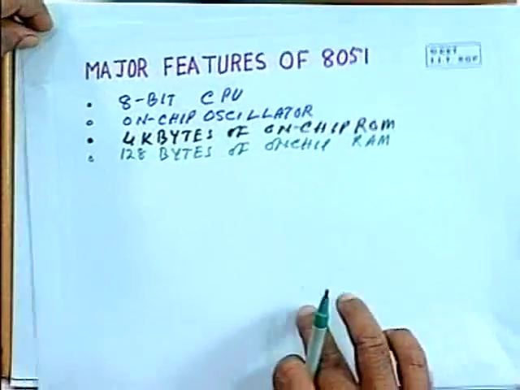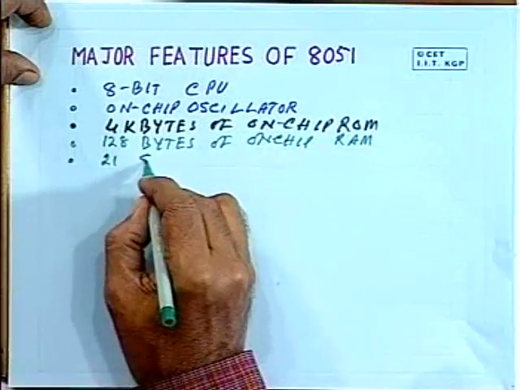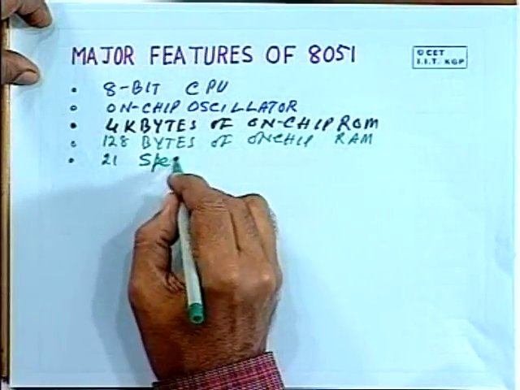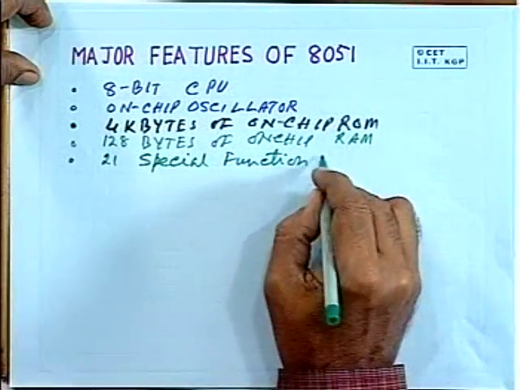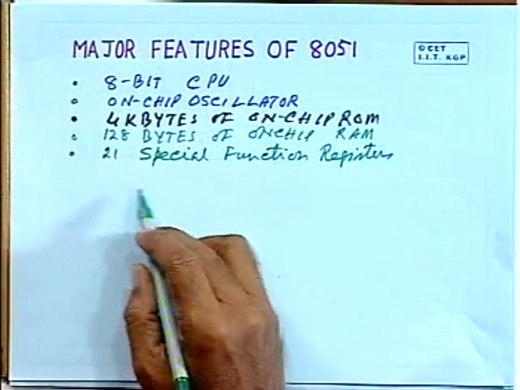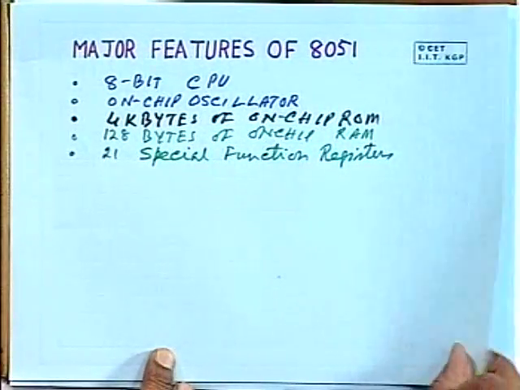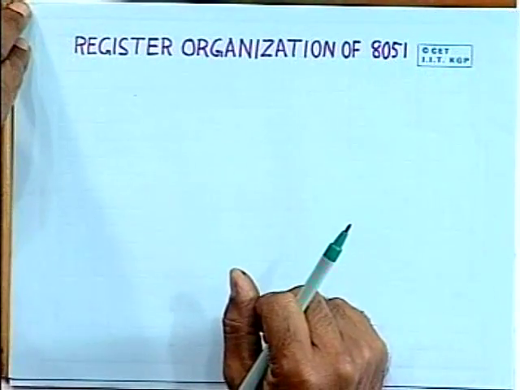Now, it has got a number of registers, particularly it has got 21 special function registers. And before I discuss the special function registers, let us consider the register organization in general. As you know, a particular processor has got some general purpose registers and some special purpose registers.